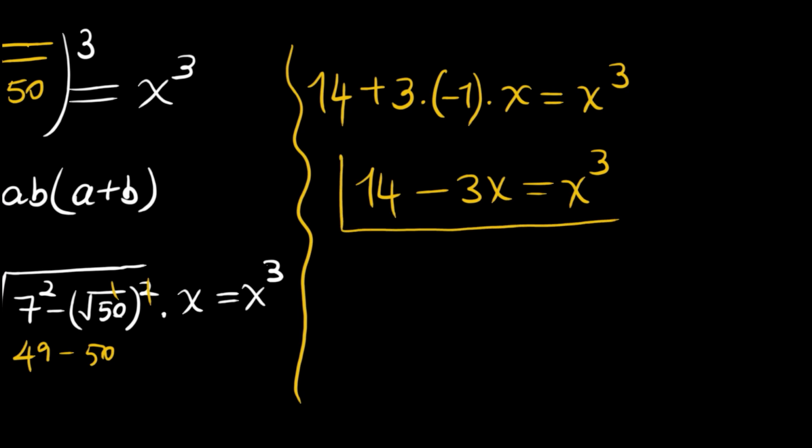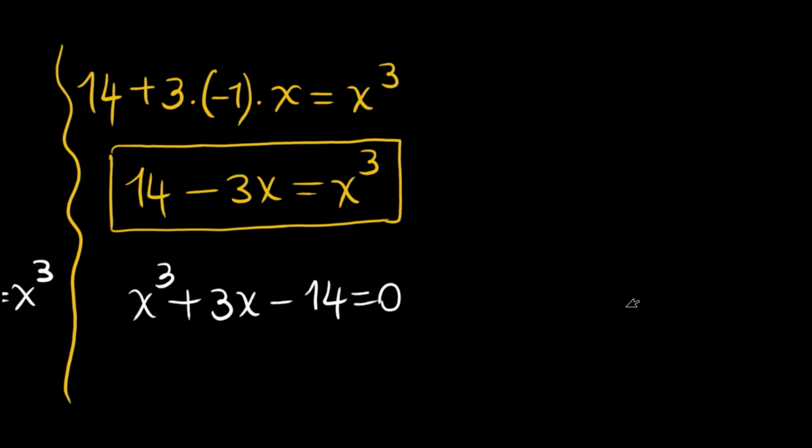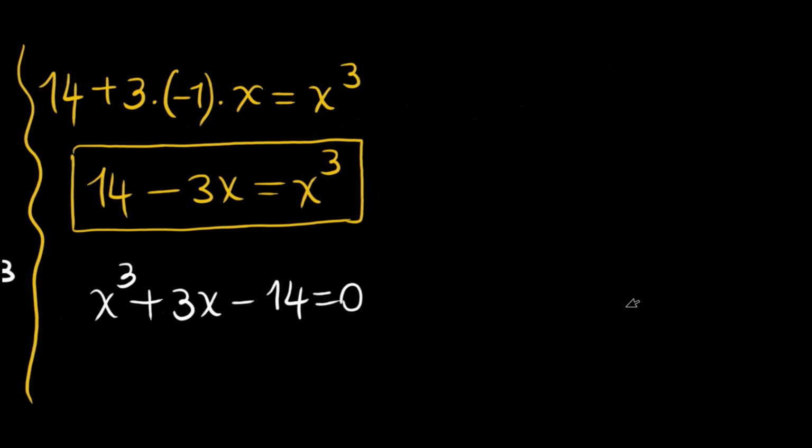Now this is nice since we have a cubic polynomial equation to be solved. This can be written as just x cubed plus 3x minus 14 is equal to 0. Now I will try to find some root first from the factors of this 14.